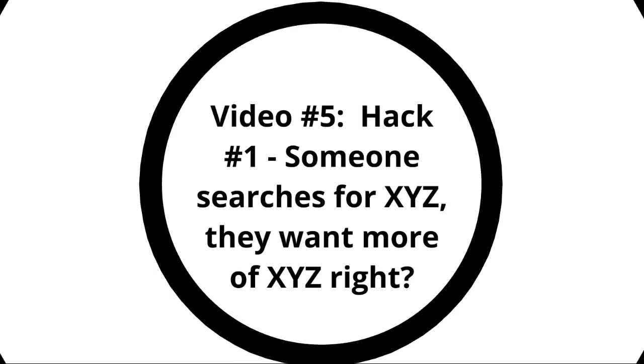Maybe it's specifically about how to fix a battery or replace a battery. So if they come to your site and they get the content that they need, and you've got all sorts of content on battery replacement, but it's all scattered about, then they're going to look for that content, but if they can't find it, they're going to leave. So the goal here is to present them with the content that they're looking for.